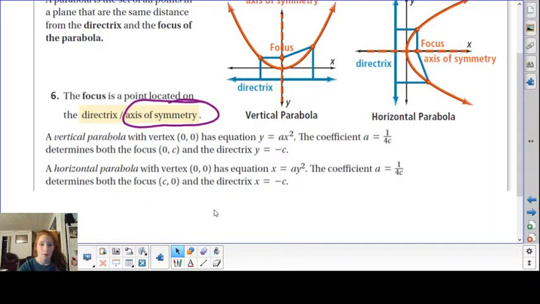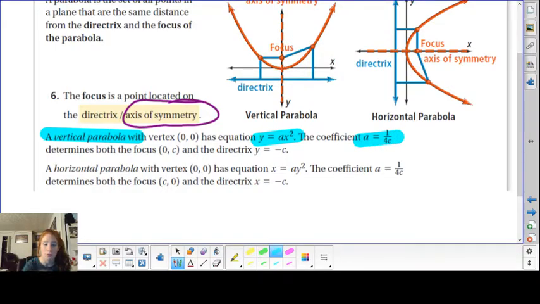Some stuff I want to point out. A vertical parabola starting at 0, 0 has the following equation. If I'm going up and down, I start with y equals ax squared, where a is equal to 1 over 4c. My focus is going to be at 0, c, and the directrix will be at y equals -c.